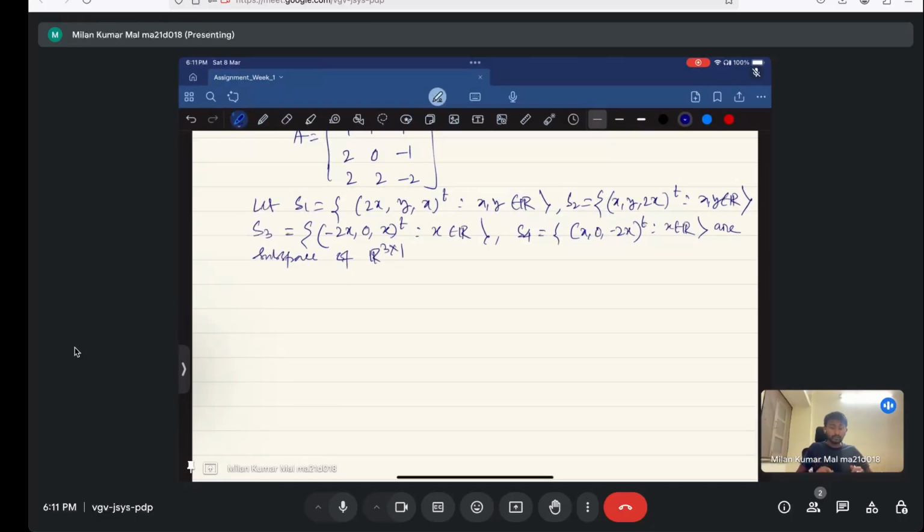The question is which of these subspaces are invariant subspaces corresponding to the linear operator T.